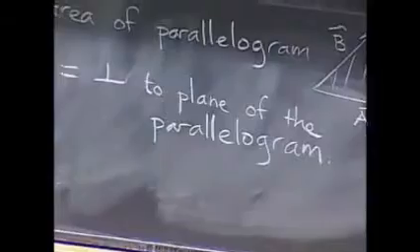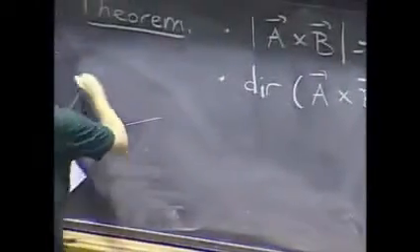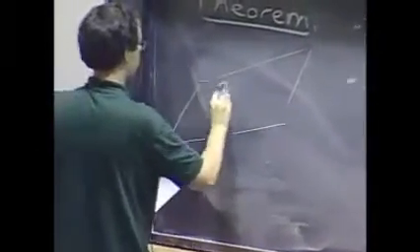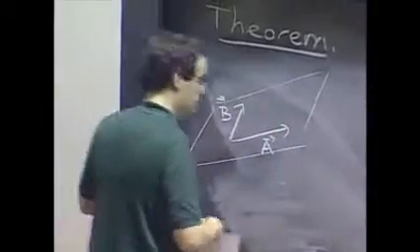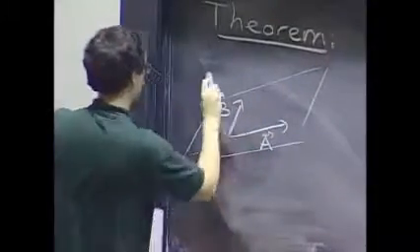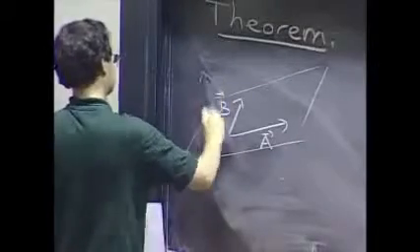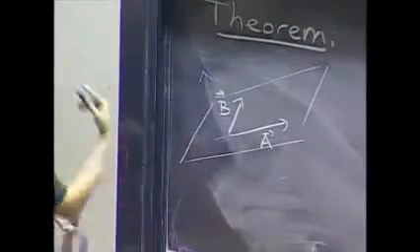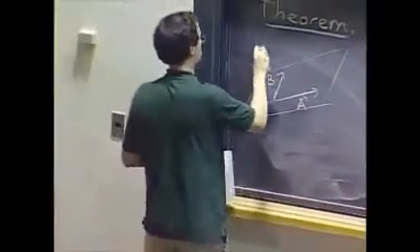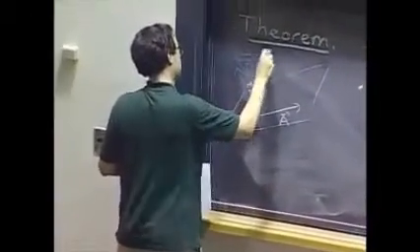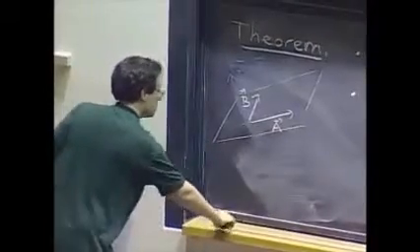So, our two vectors A and B together determine a plane. And what I'm telling you is that the vector A cross B will stick straight out of that plane, perpendicularly to it. Okay.